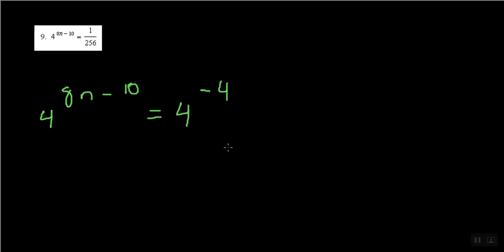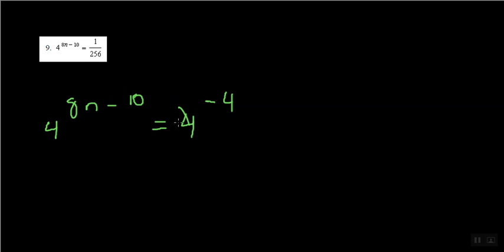Okay? So now what we're going to do is we're going to get rid of these bases, because these bases don't really matter. So get rid of this one base, get rid of the second base, and so we rewrite this equation 8n minus 10 equals negative 4, and now we solve from here.